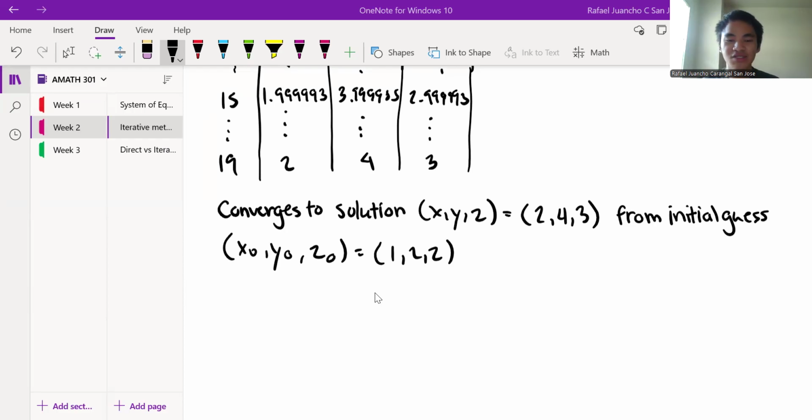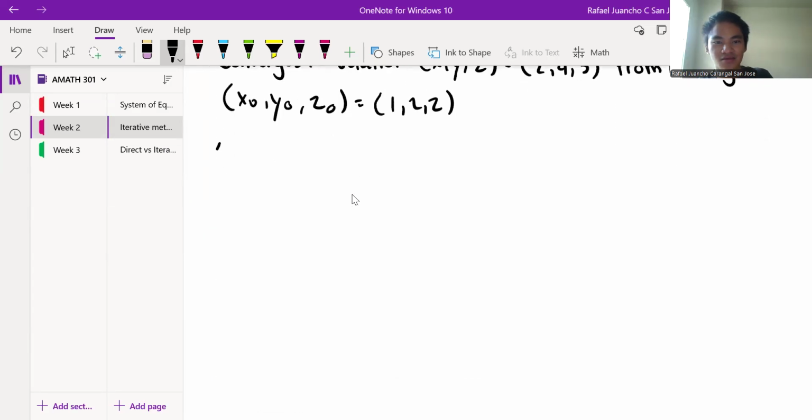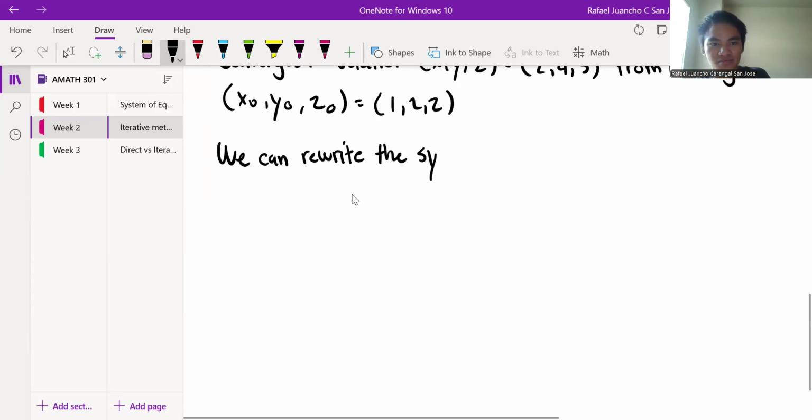Okay, so this is the intuition. Now let's actually try doing this mathematically. So mathematically, we can rewrite our linear system as follows.